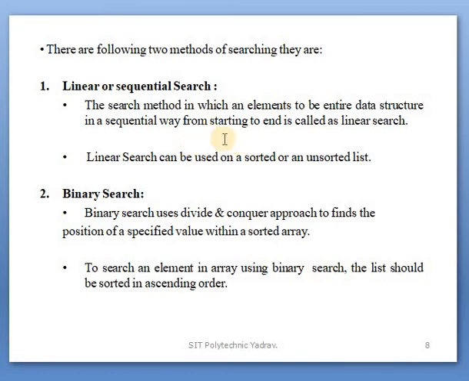In binary search, we first divide the array into two parts and search for the element in those parts. With these two methods we find the searching element. In linear search, the array can be sorted or unsorted, but in binary search the elements must be sorted in ascending order.